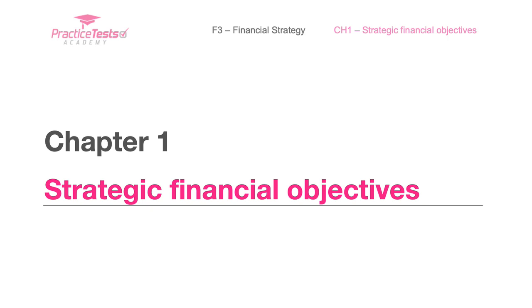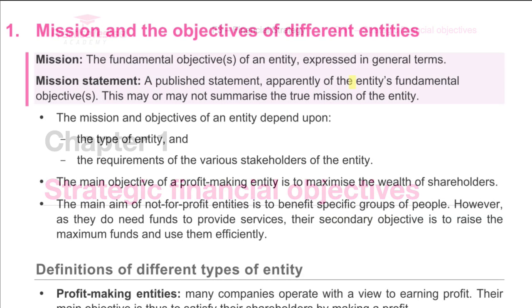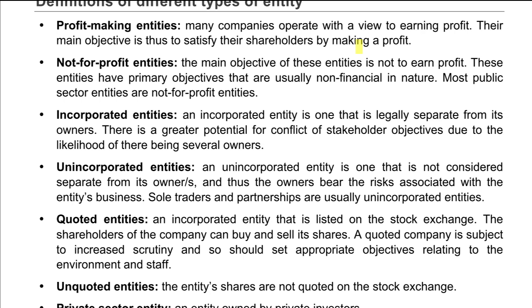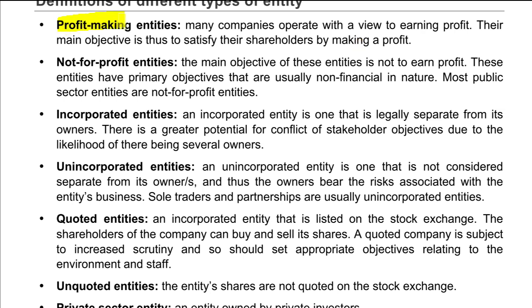Different organisations exist for different reasons, and the mission of the organisation, which we talk about much more in CIMA paper E3, explains why that organisation exists at all. We distinguish broadly on this course between profit-making entities, so those organisations exist principally, not only, but principally for the shareholders and are there to create wealth for those shareholders.